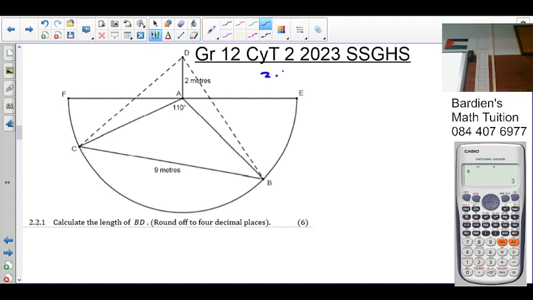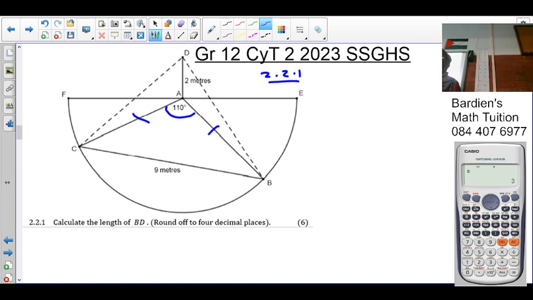So in 2.2.1, since we know that those two lengths are equal, we're going to calculate those lengths, and we have the included angle. So we can actually use the cos rule. Not so? But the sine rule is going to be easier.